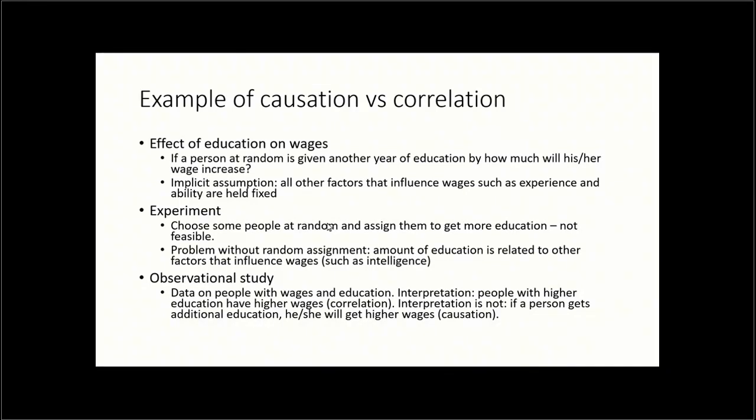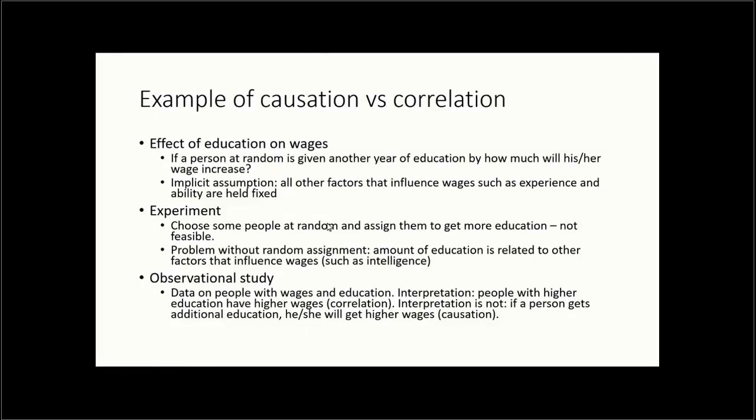There's also a problem with this kind of random assignment, because people who actually choose to have higher education make that choice in a way that may be related to other factors that influence wages, such as their general level of intelligence. So in an observational study, we only observe what education people have and what wages they earn.